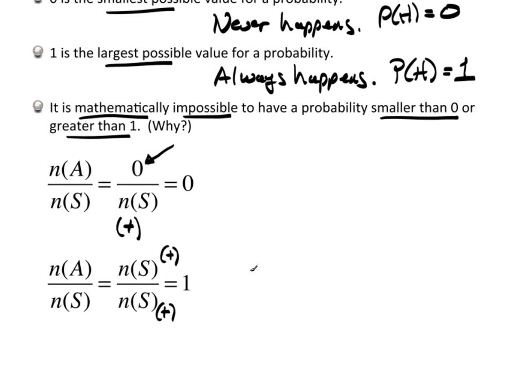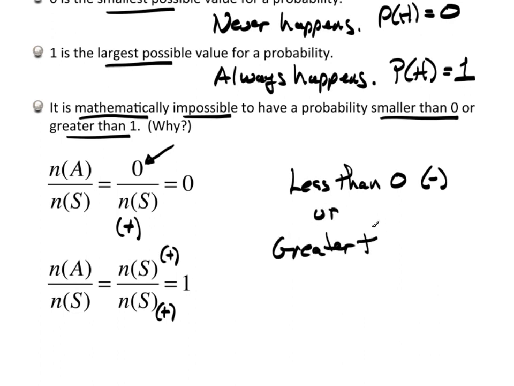If you have a quiz problem or exam problem or something you're working on, and you report a probability that is either less than 0, meaning negative, or greater than 1, if the problem's worth 5 points, you will lose 6 points, or 7, depends what mood I'm in at the time. My rationale is if you can do something impossible, so can I. So this is extremely, extremely important.